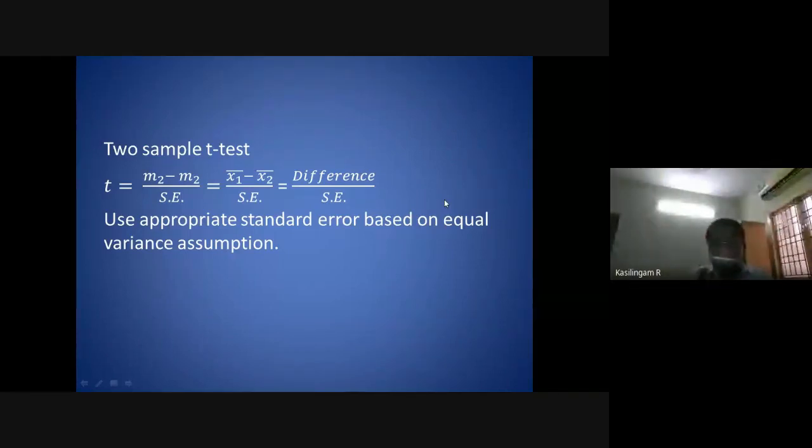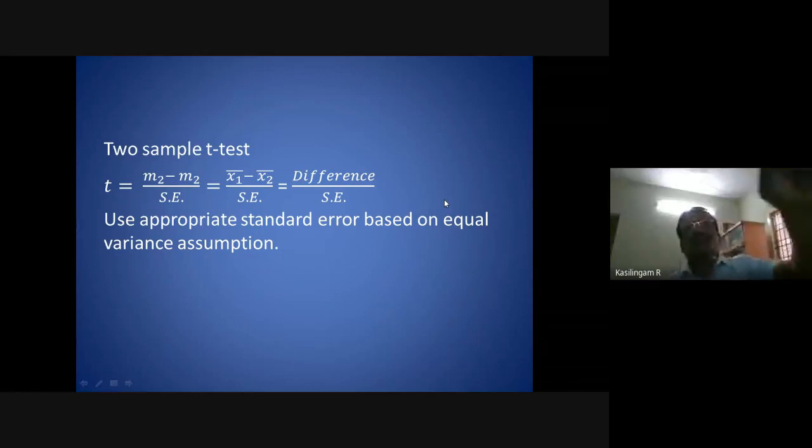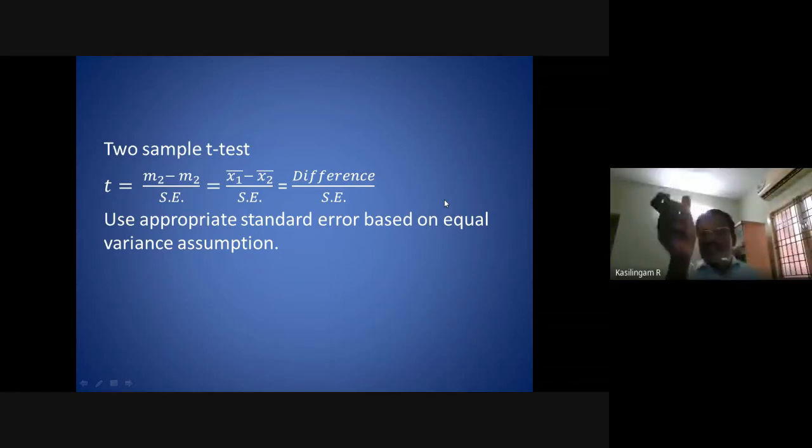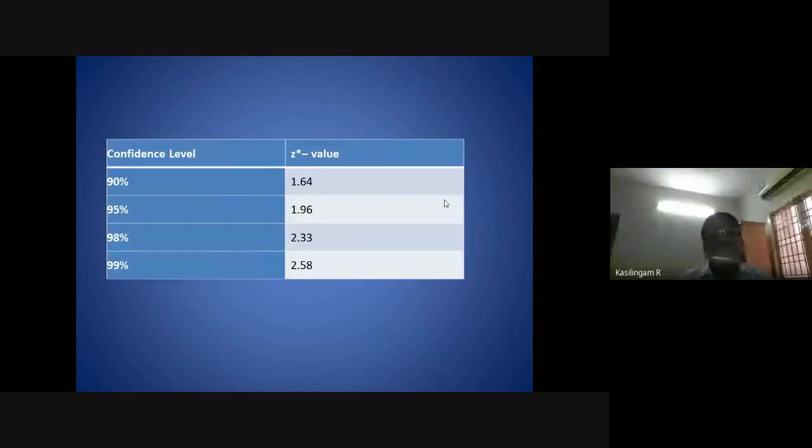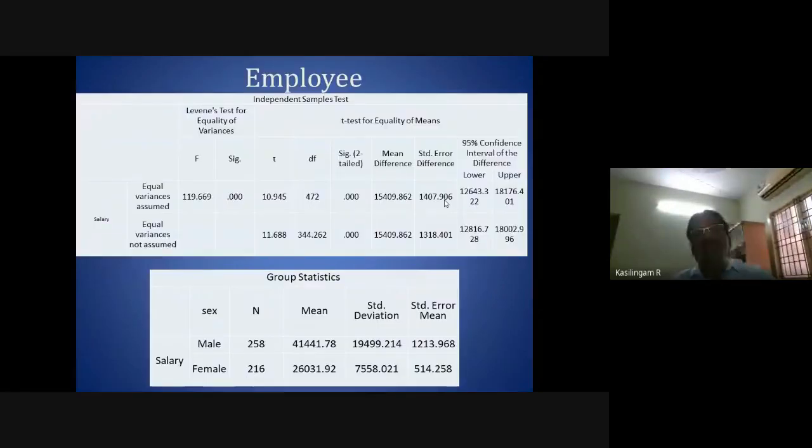Here our estimate is the difference. We are looking at the difference between two groups, whether they are significantly different or not. In our first case, we saw 160 and 163, a difference of 3, divided by the standard error gives the t value. Like that we are looking.